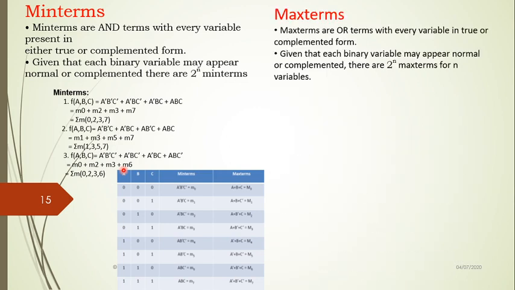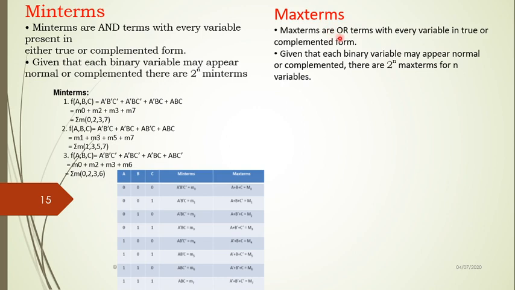Now we will go towards the max terms. So max terms are nothing but OR terms with every variable in true or complemented form. So let's check the difference. Min terms are always AND terms and max terms are always OR terms.